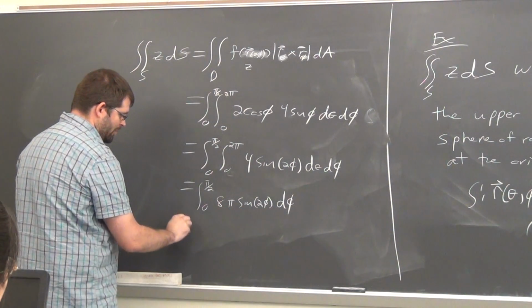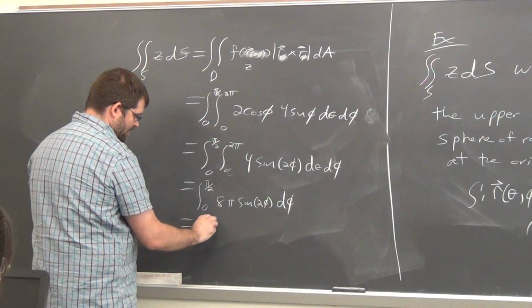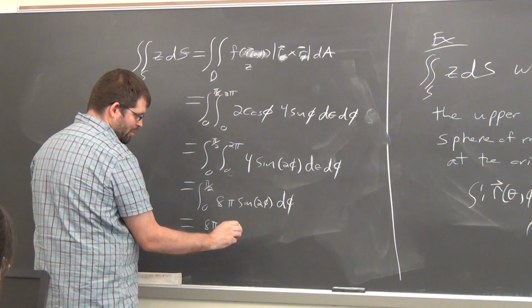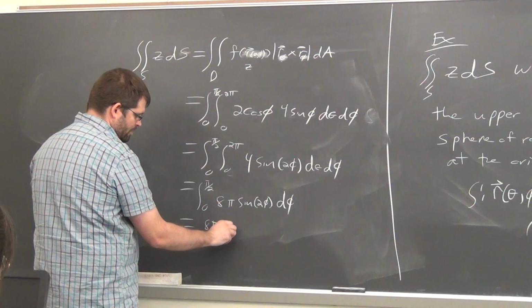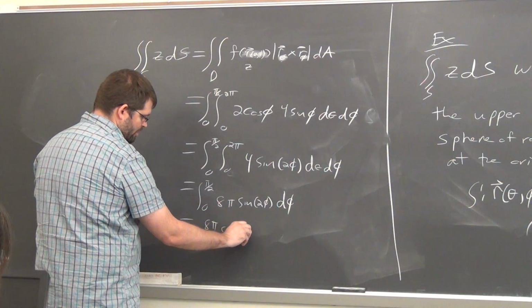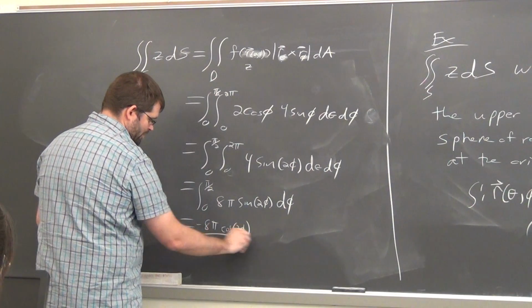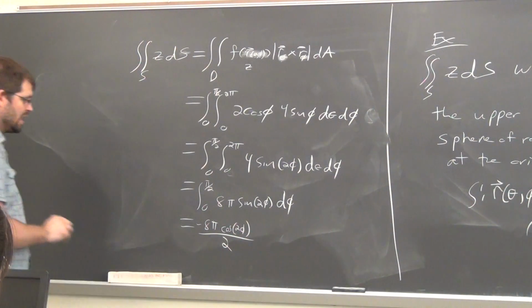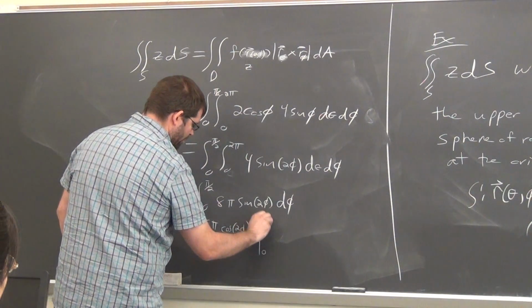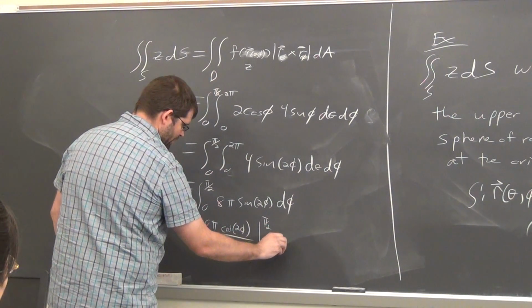And then integrating with respect to phi should give you, I'll just write 8 pi times what? Negative cosine of 2 phi over 2, is that okay? And then again, 0 to pi over 2.